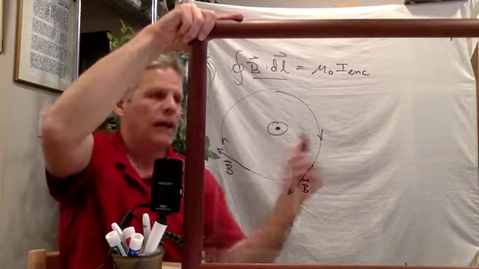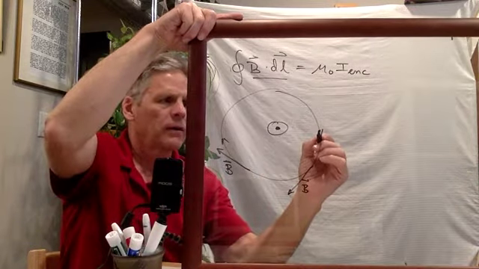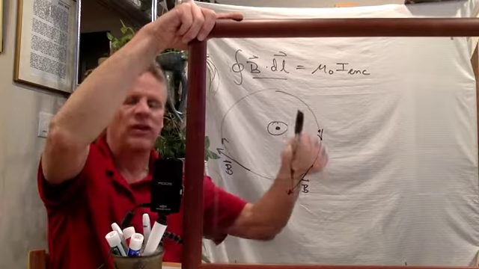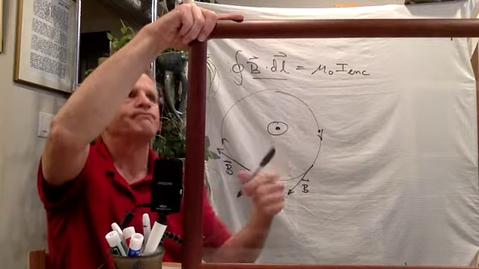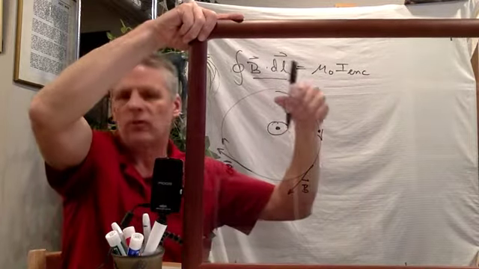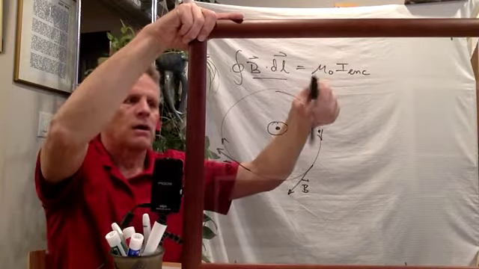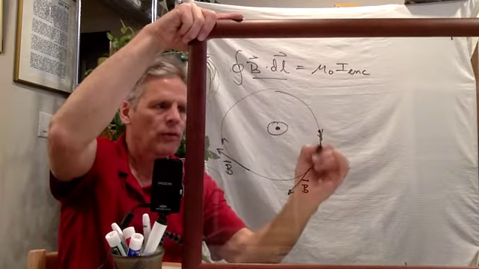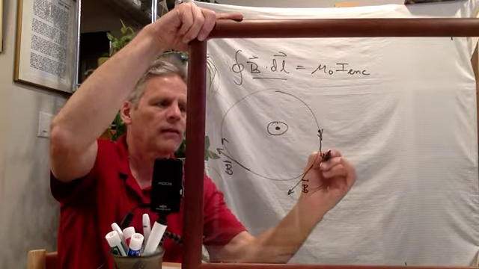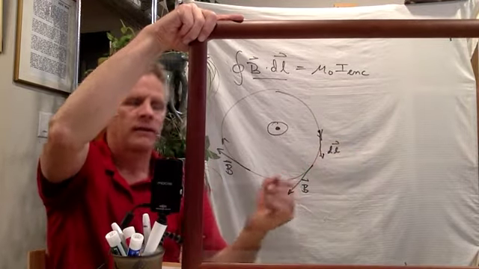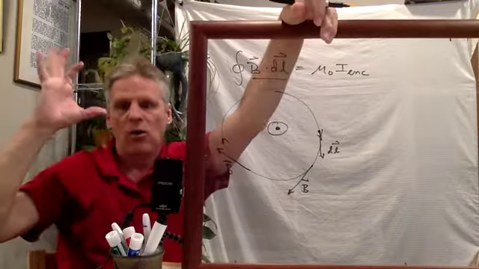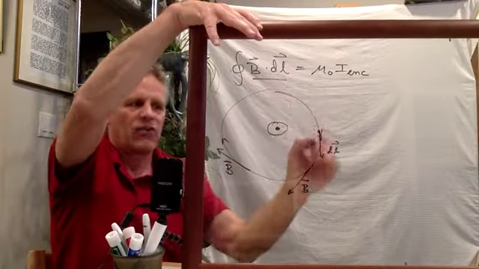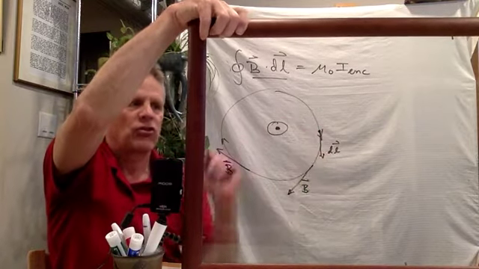What does our dl look like? Well, here our dl is an infinitesimal increment along this line, tangent to this circle. And as we discussed in class, if it's not, then we just make our dl smaller and smaller until it is a straight line there, tangent to this circle.